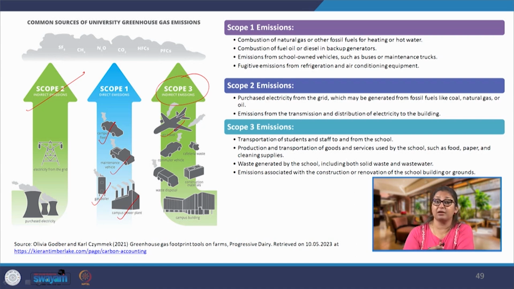For example, we have commuter vehicles, we have vehicles used for collecting and transporting waste to the facility for recycling or for processing, all those vehicles which we have seen earlier also. All those vehicles which are transporting people or waste or some other product are going to be covered in scope 3 indirect emissions.